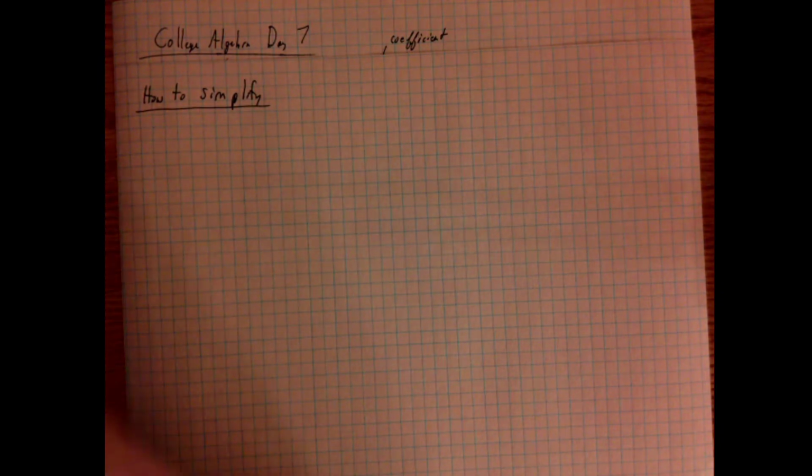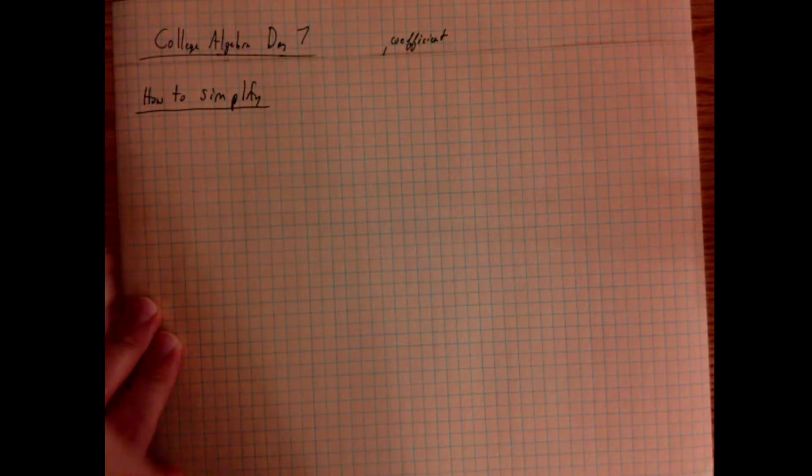Now, when you simplify a radical, one of a couple things can happen. Either the radicals can disappear, or they can break down, meaning that the radicand reduces in value. So when you simplify, there are two main goals.